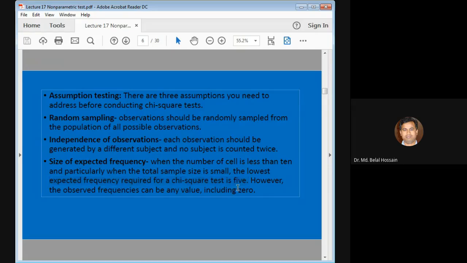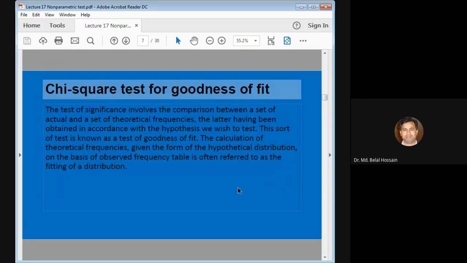So this is the chi-square test of goodness of fit. The test of significance involves the comparison between a set of actual and a set of theoretical frequencies. That is, one set of frequencies is given, the observed frequency we studied, the latter having been obtained in accordance with the hypothesis we wish to test.